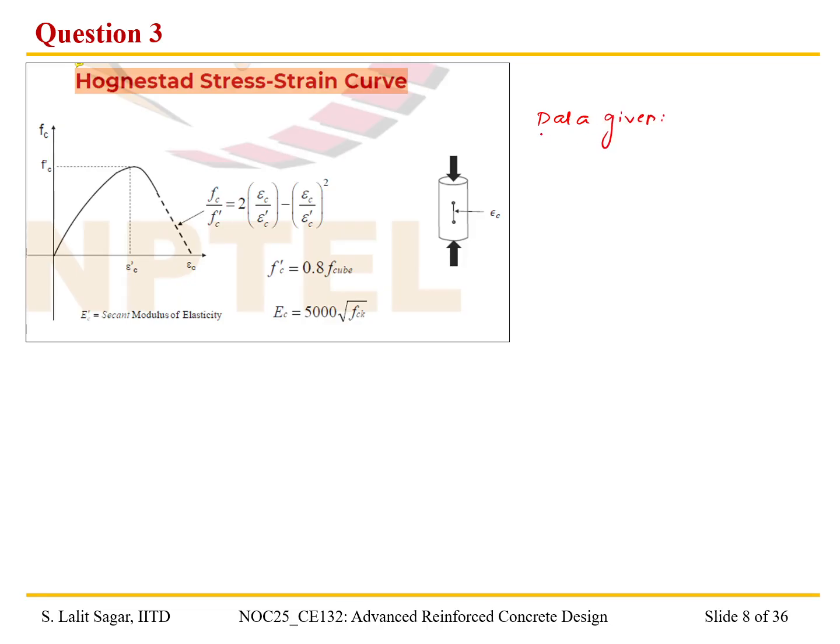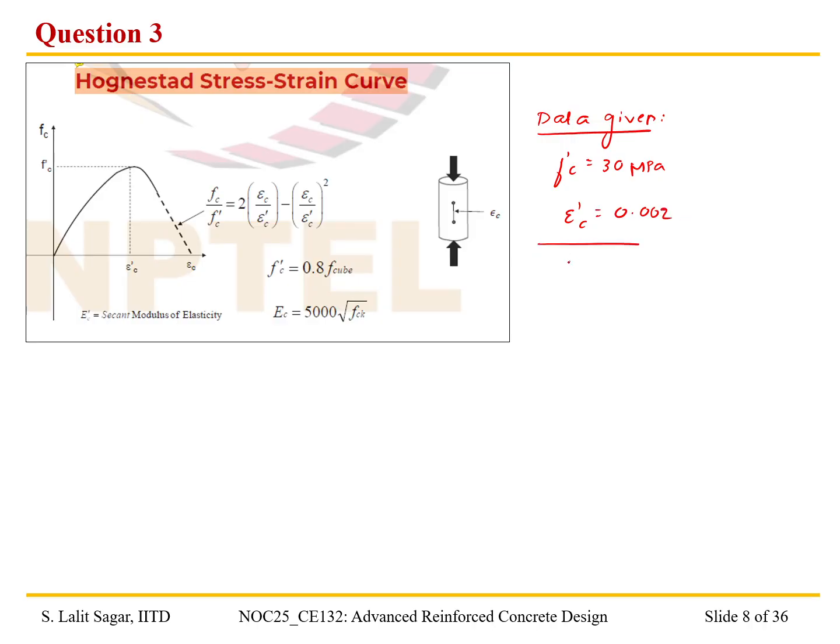What is the data that is given? F prime C is equal to 30 MPa, then epsilon prime C is equal to 0.002.